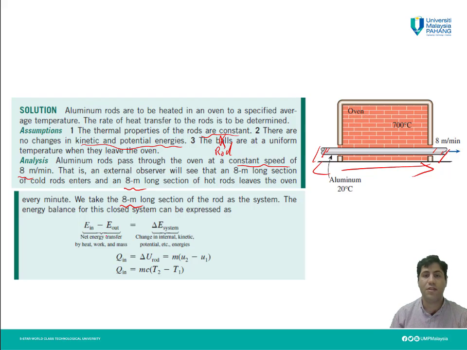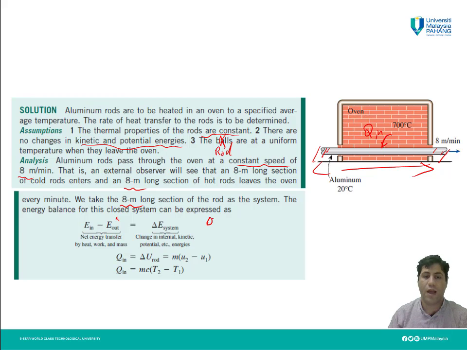Then we write the energy balance equation for our system, the rod: E in minus E out equals delta E of the system. We don't have any E out for our system, but we have E in, or Q in, which is the thermal energy transferred from the oven to our system, the rod. Q in will be equal to delta U, the change in the internal energy of the system.